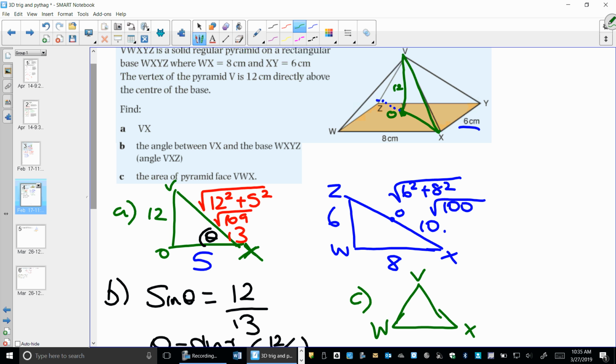All right. So on that triangle, we only know at the moment this bad boy here. We know the VX as well, don't we? That was 13.